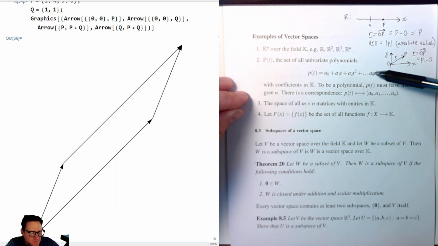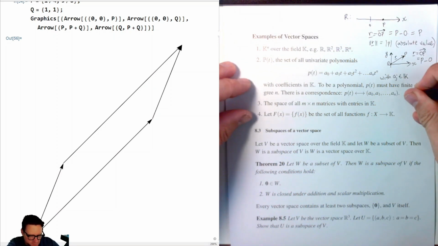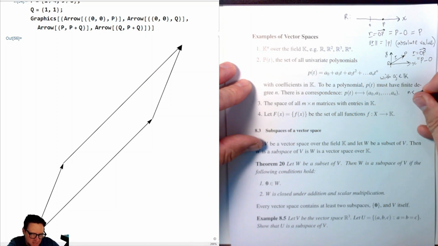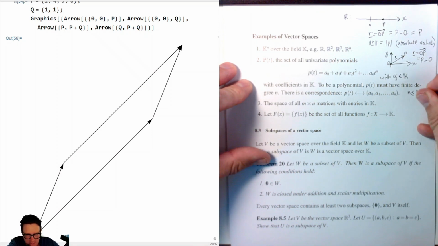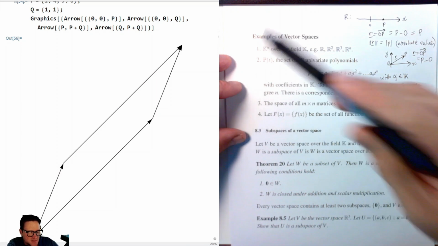Now, for these to be vectors, we need the polynomials to have finite degree. So all of the highest degree, lowercase n, have to be less than or equal to some particular fixed uppercase N for this to be a vector space.